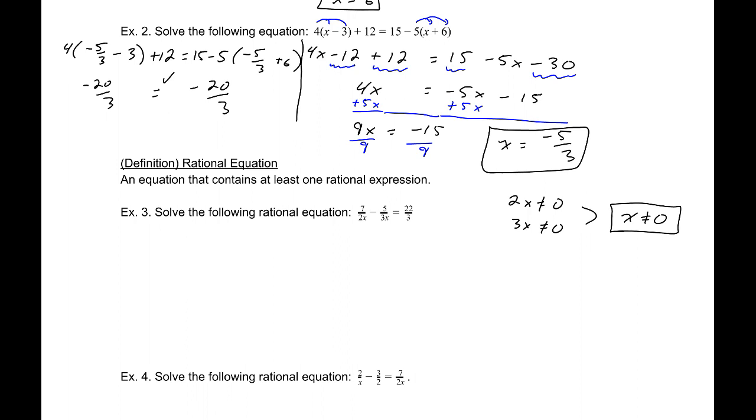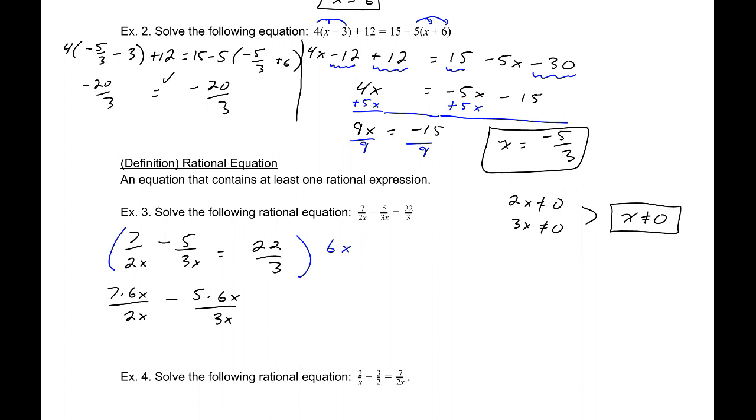How we're going to work this is we're going to clear our fractions. The equation equals 22 over 3. To clear our fractions, we multiply by the least common multiple of all of our denominators. What I'm going to multiply by is 6x. Multiplying by 6x gives me 7 times 6x over 2x, minus 5 times 6x over 3x, equals 22 times 6x over 3.